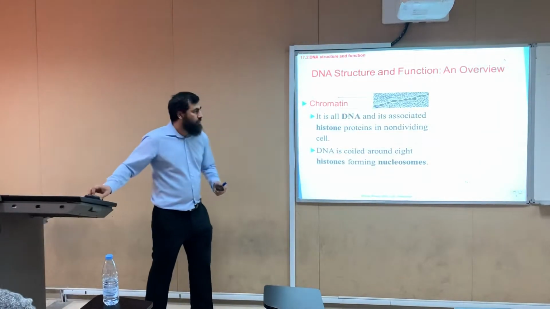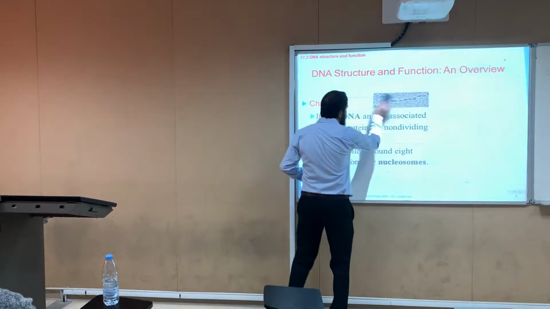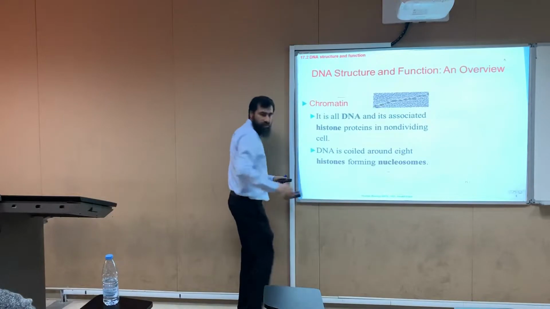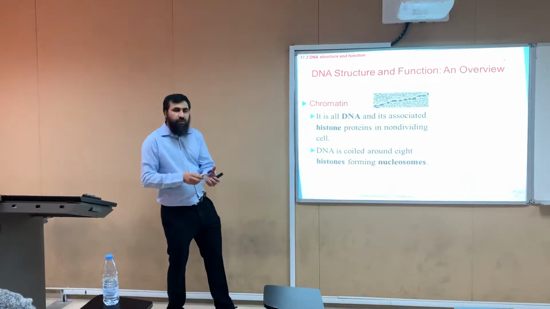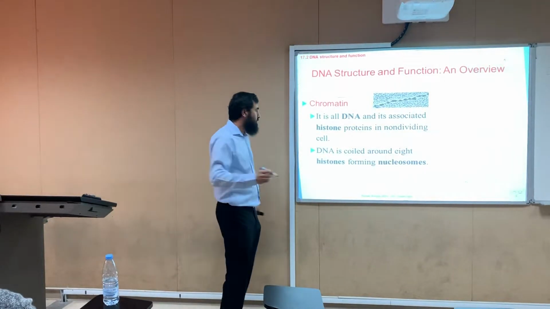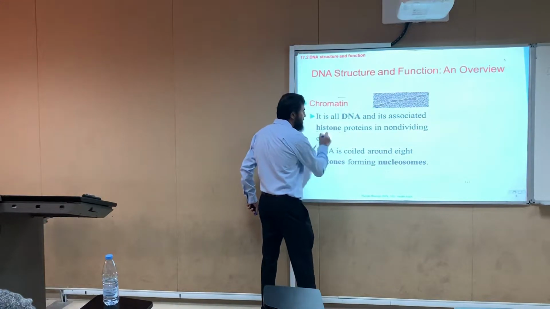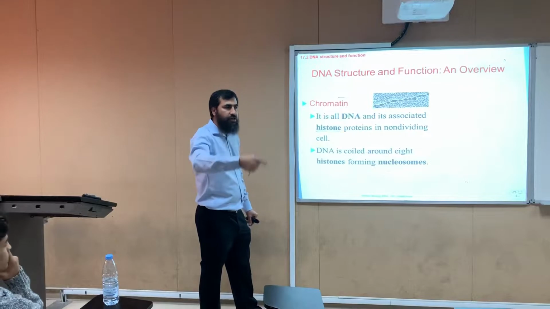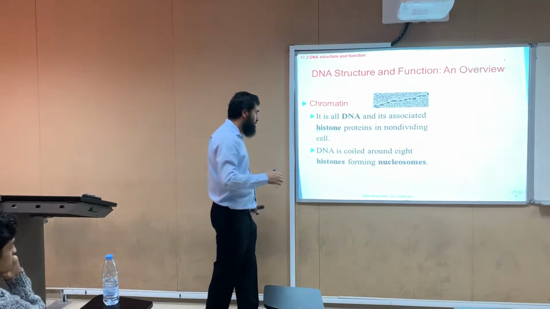Okay, so the chromatin, as I said, is a relaxed form of the DNA, and it's made up of DNA and protein, okay? This protein called histone is very important for providing that structure where the DNA winds around.